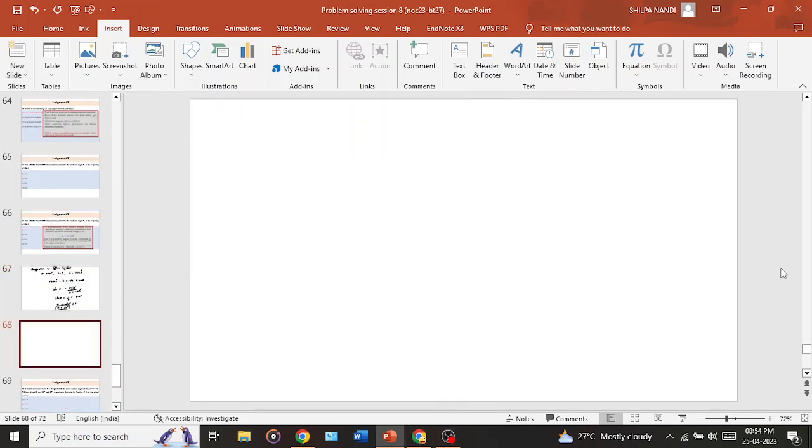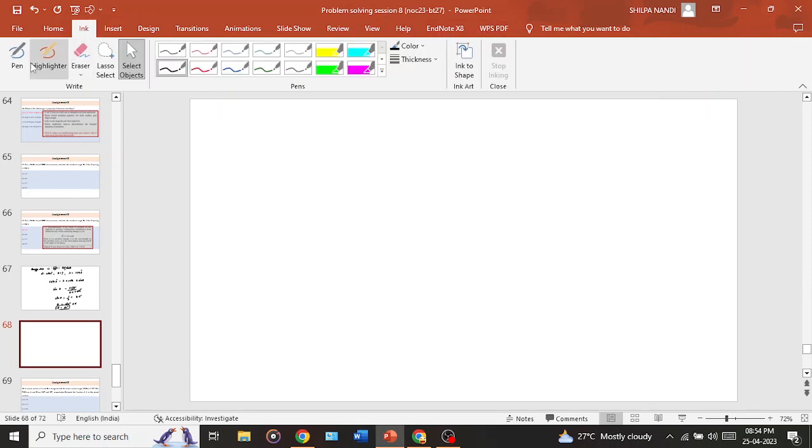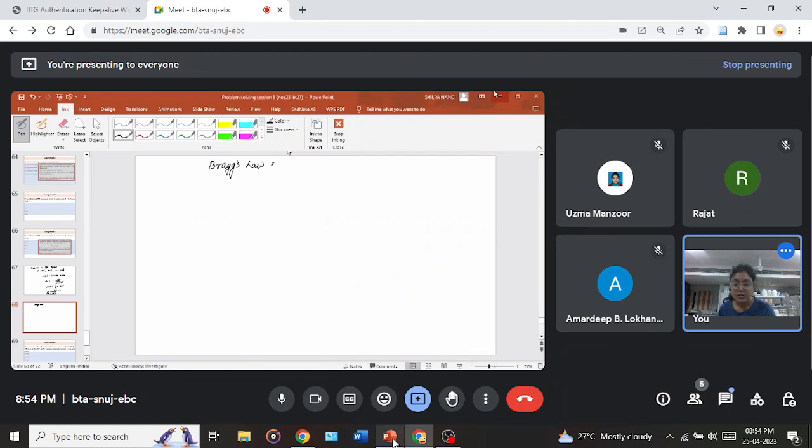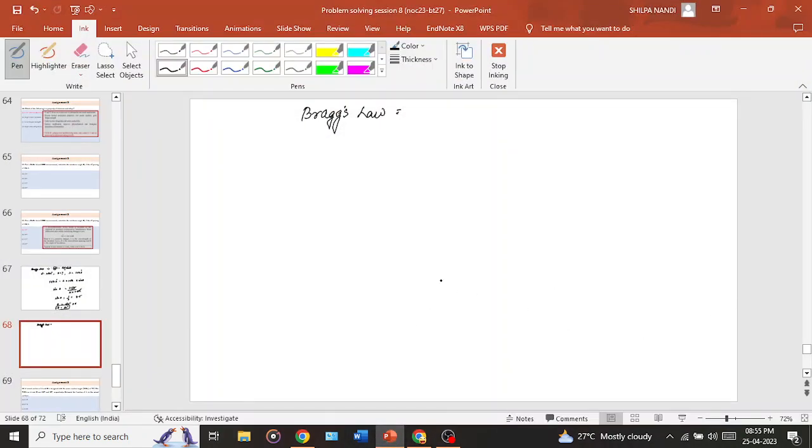So you just saw that this was based on Bragg's law, right? What was this Bragg's law? Amardeep? So it is actually n lambda = 2d sine theta.